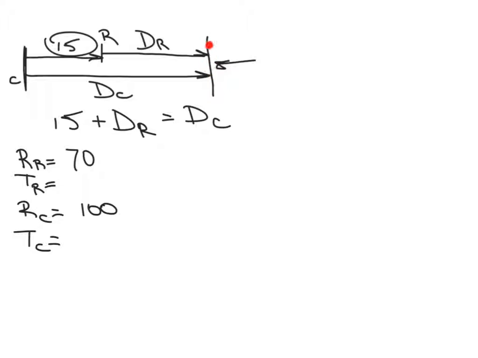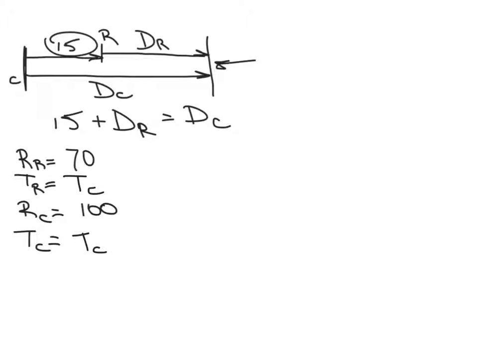And when she caught up, they stopped. So this time is going to be the same. Let's just make our time the time of Charlene. Because they're both the same, let's just make them both TC.